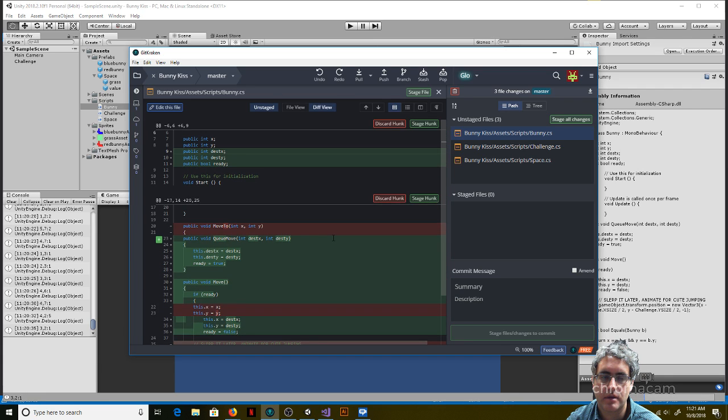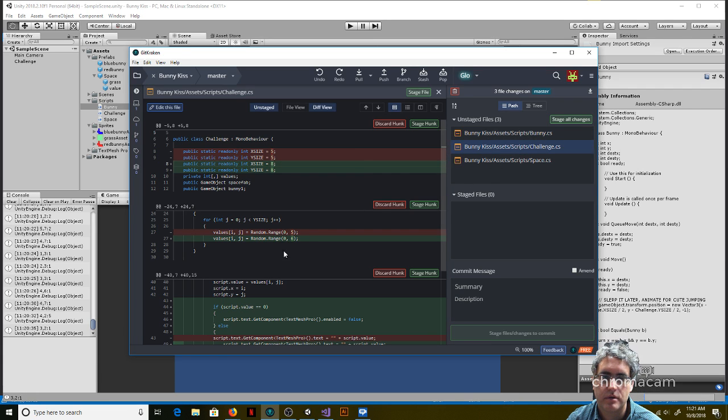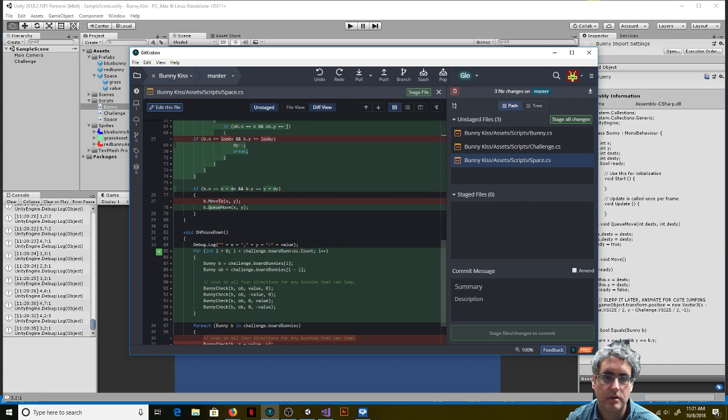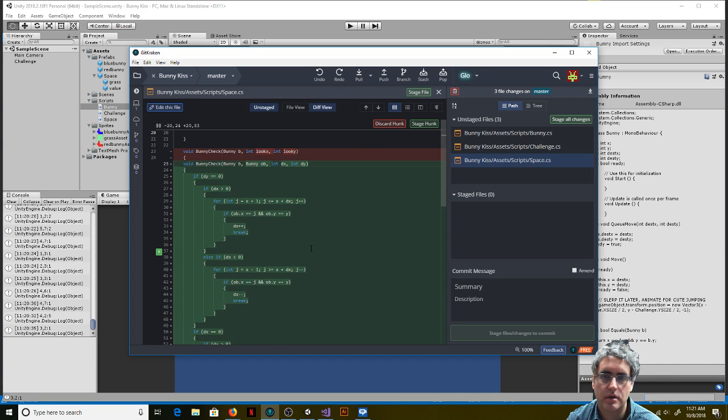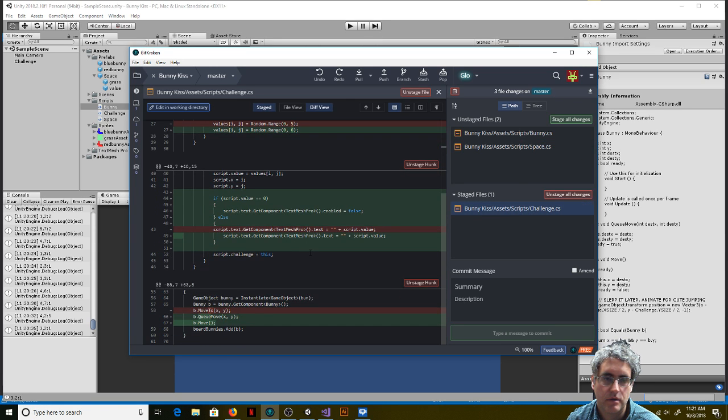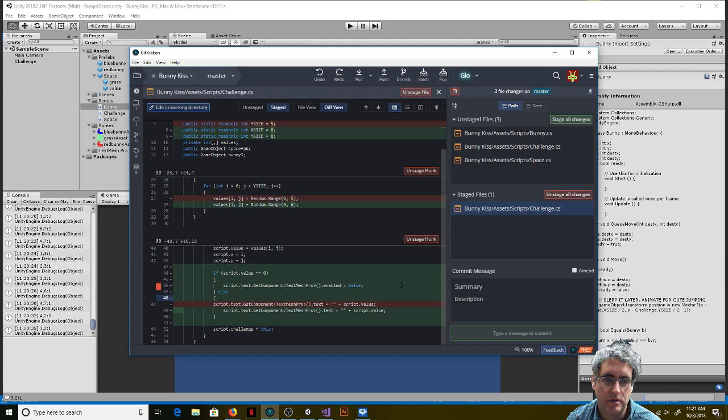Change the bunny. Gave them two-step movement. Change this challenge. Oh, well, let's give these all individual. Well, let's give this one an individual one. They're all tied together, aren't they? Well, I want to unstage this hunk. I just want to say made 0 tile, not display the 0.